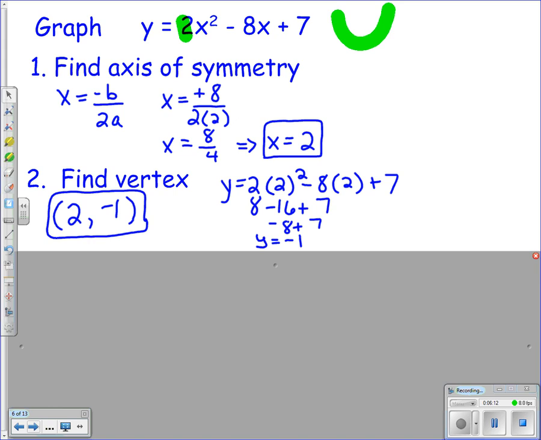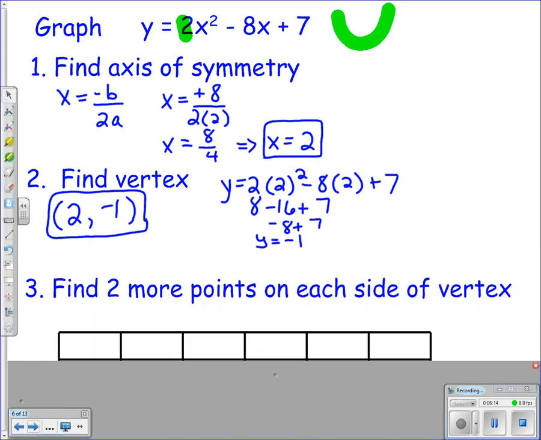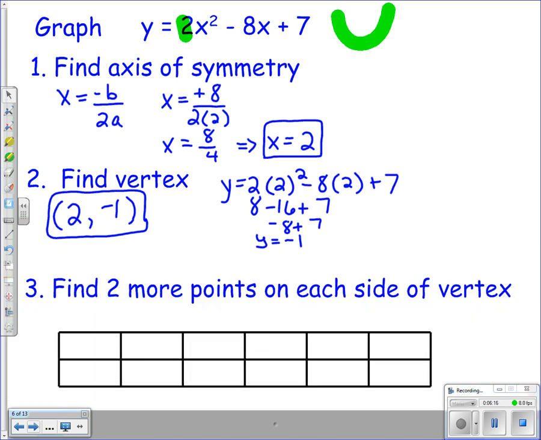Now the next thing that we want to do is we want to find 2 more points on each side of the vertex. Please notice I've drawn an xy coordinate pair table down here. I'm going to put x and y horizontally on here. I'm going to also label this as the vertex.